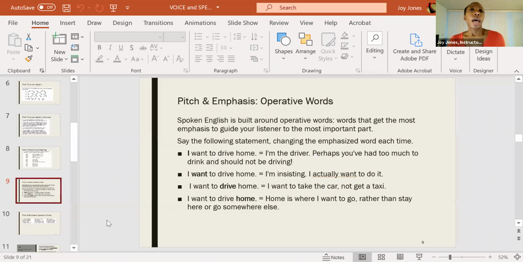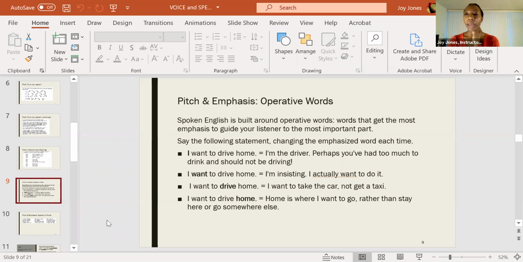Next, for the next couple of things, I'm giving you some terms from performance, I think. If you encounter some of these in fields beyond performance, let me know. So as the slide says, spoken English, and I should distinguish that from written English, is built around operative words.